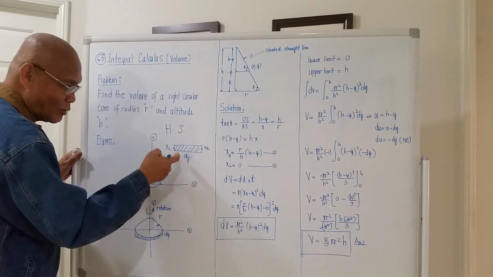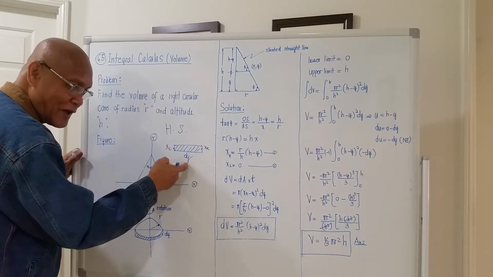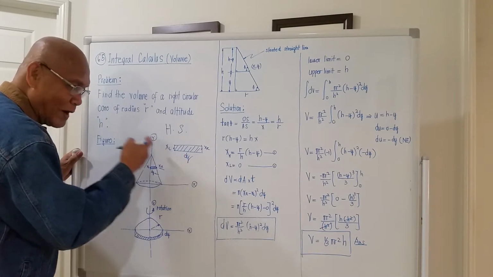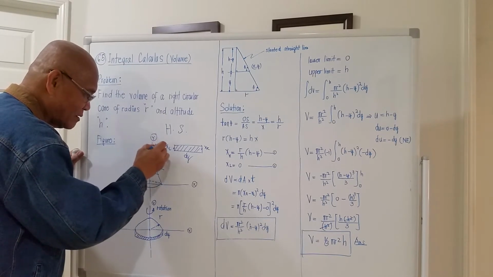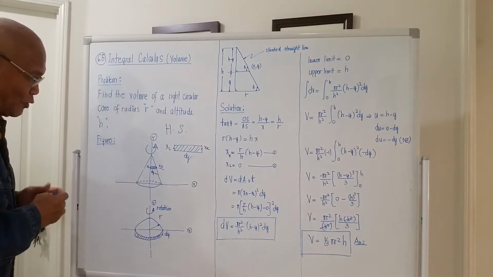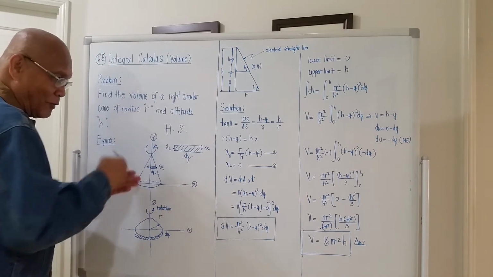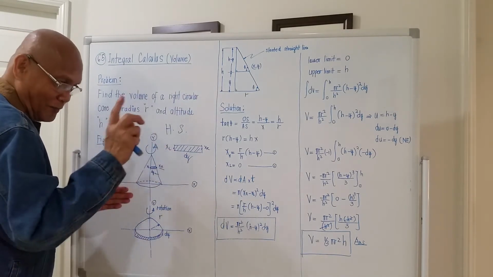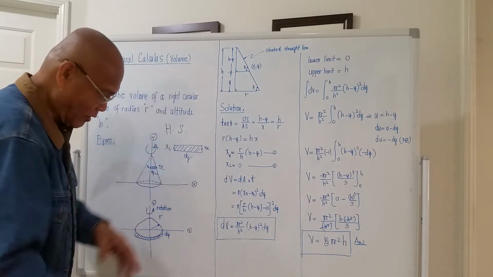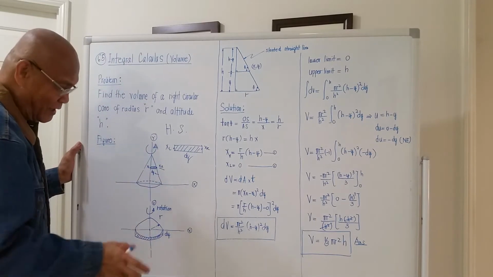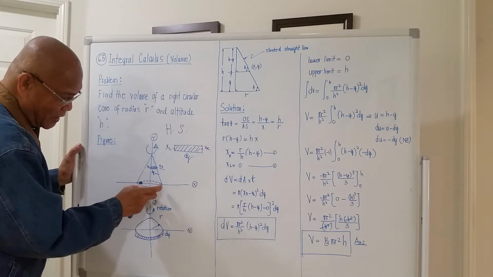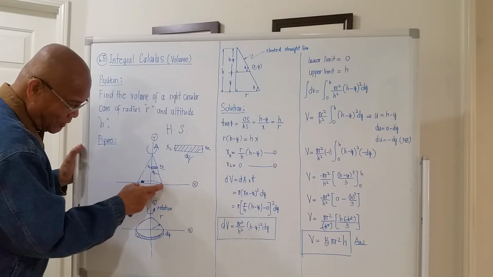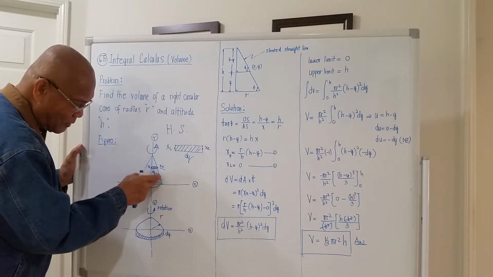We will try to rotate this differential slice one complete revolution with respect to the y-axis, because if we rotate this one complete revolution, actually we are taking the volume of the right circular cone, and unluckily this differential area is variable. At the base, the differential is big. As it goes up, it becomes smaller.